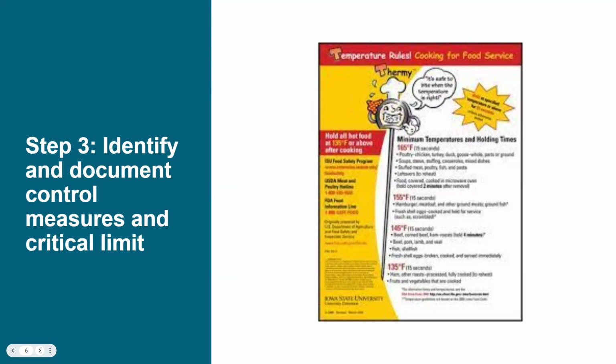A CCP is a key point where a step can be taken to prevent, eliminate, or reduce food safety hazards to an acceptable level. Loss of control at this point may result in an unanticipated health risk. You will find that despite the different specific hazards, the control measures used to prevent, eliminate, or reduce hazards in all menu items under each of the three processes are similar.